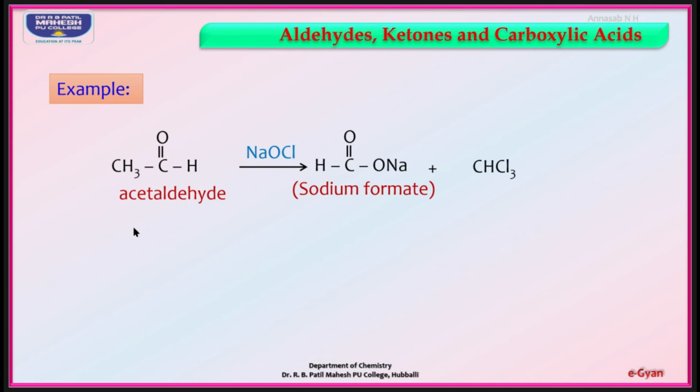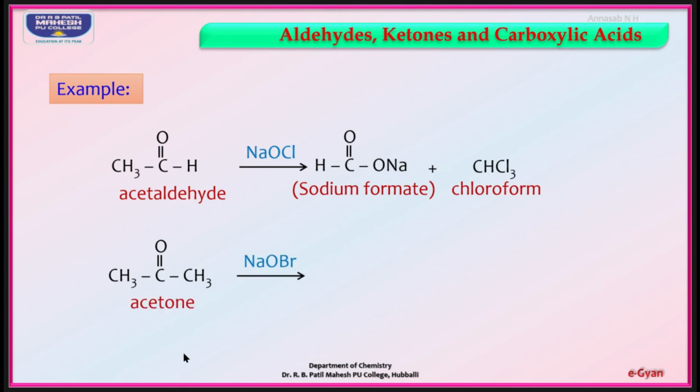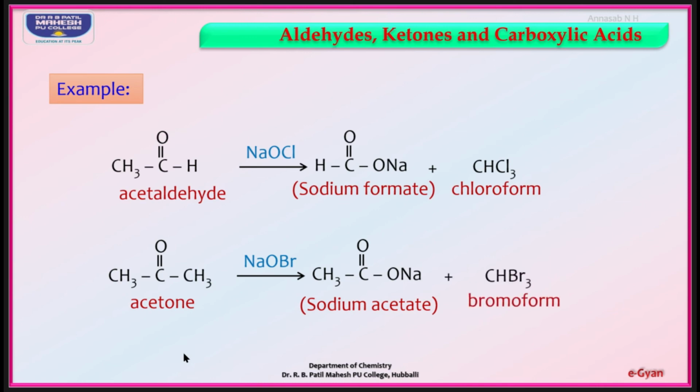Along with that there is a formation of chloroform. Whereas in a ketone, where there are two possible positions for haloform, a minimum of one CH3 group can form different products. When acetone is treated with sodium hypobromite, it forms the sodium salt of carboxylic acid, sodium acetate. Along with that there is a formation of bromoform.